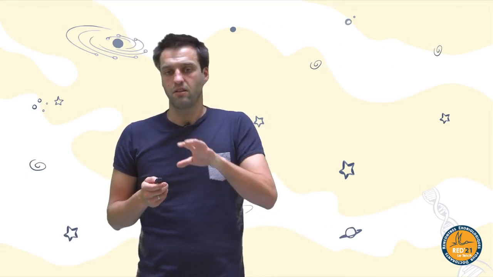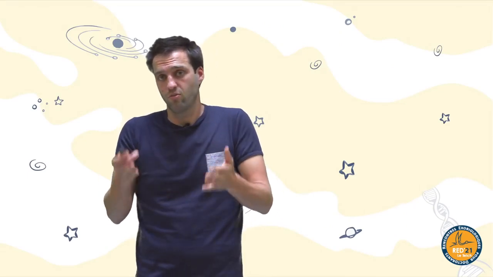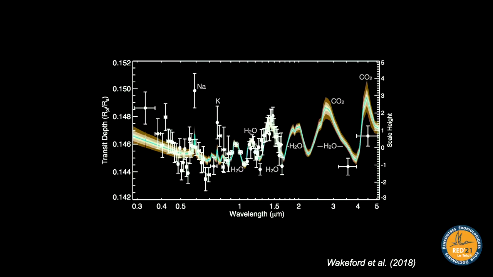Of course, this is very much focused on water because this instrument mostly sees water. But it doesn't mean that it's the only thing that we have in these atmospheres. So here is a spectrum that uses information from different instruments. In the middle, it's still the same Hubble data.